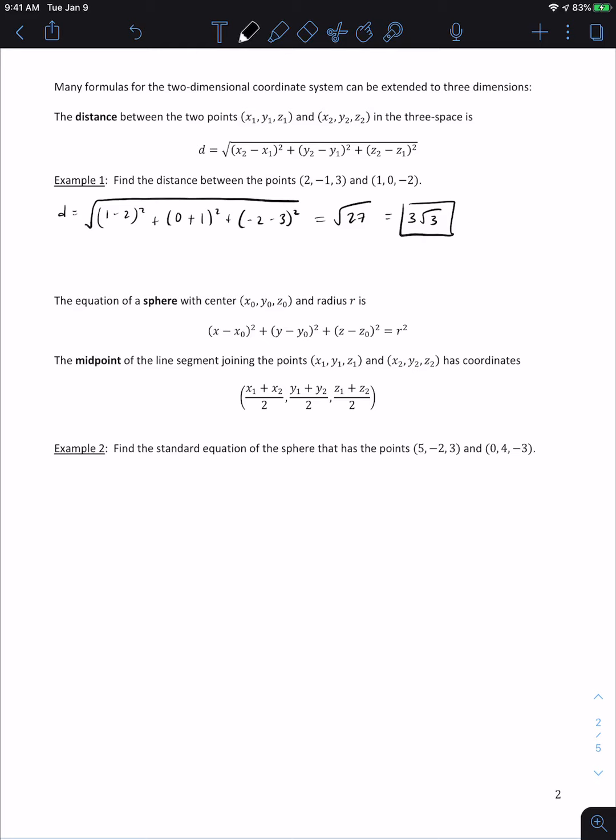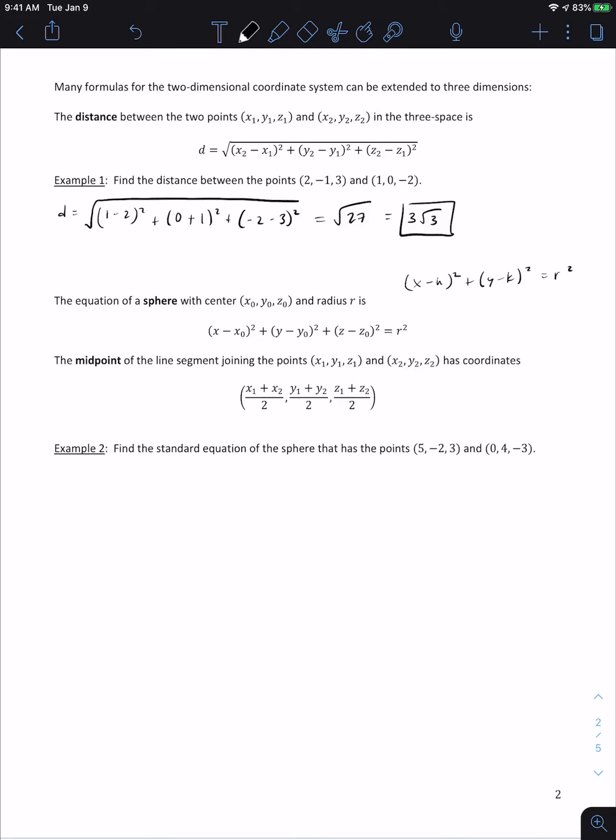So think about the equation of a circle in the 2 space. Remember, a circle centered at (h, k) would be x minus h squared plus y minus k squared equals r squared. Well, what's the 3-dimensional version of a circle? That would be a sphere, right?